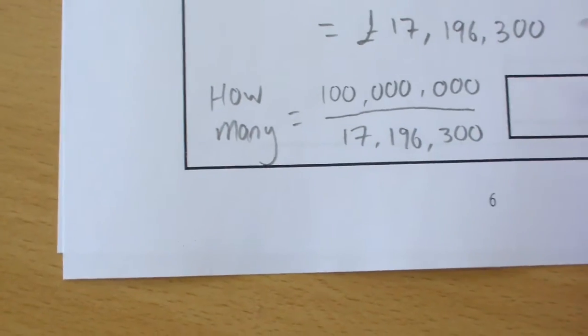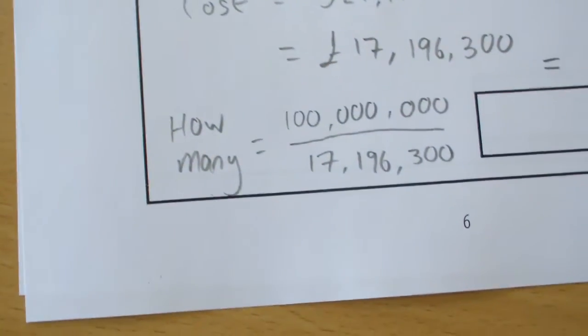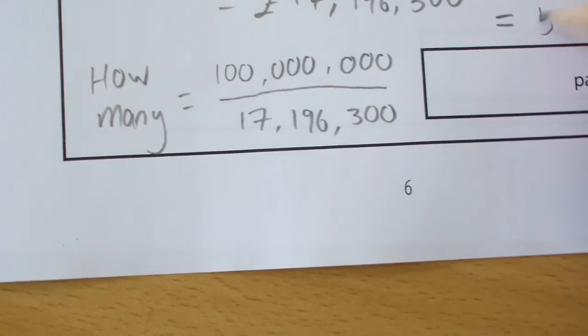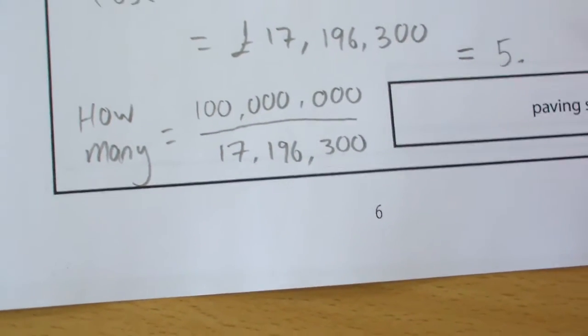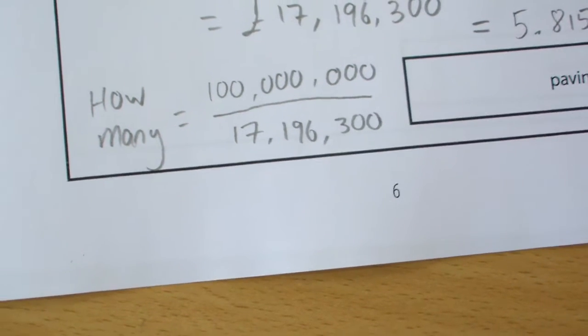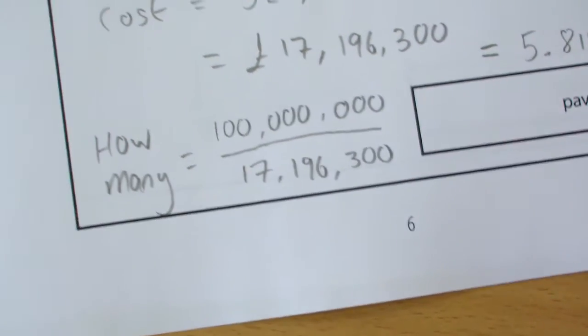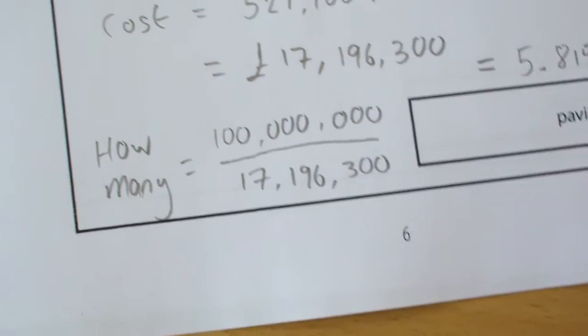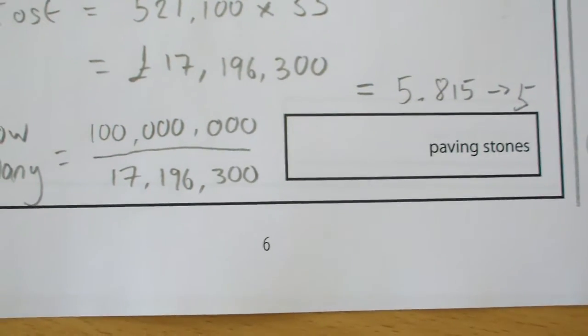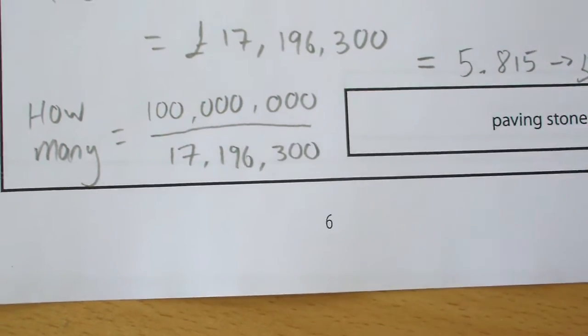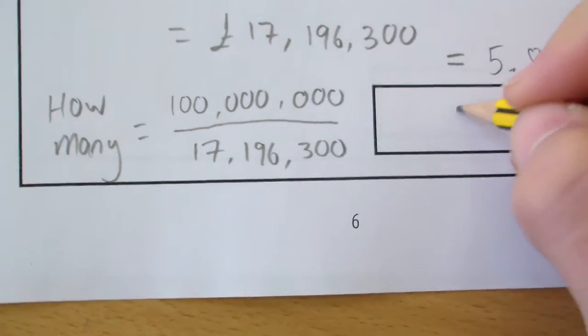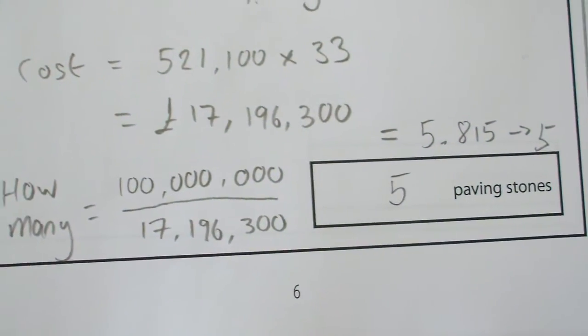And we get a final answer of a decimal, so we get 5.815. So we can only buy 5 whole paving stones. In the mark scheme, I believe that 5.8 or 5 is accepted as the correct answer.